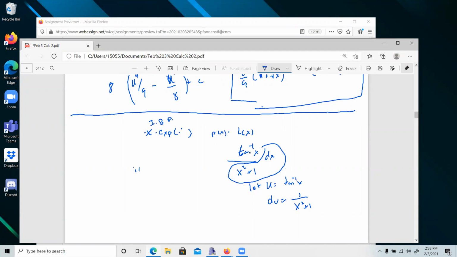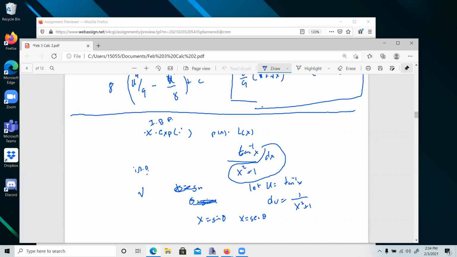You have integration by parts, very powerful. And then if you've got something with a square root in it, especially in the denominator, then you might be able to use some sort of substitution like x is equal to sine theta, or x is equal to secant theta, depending on the kind of triangle you have.